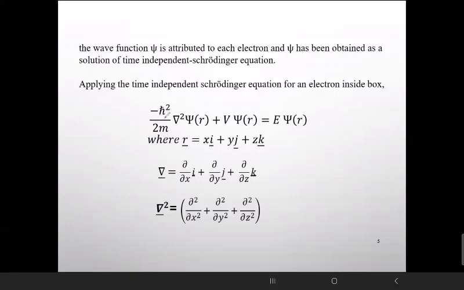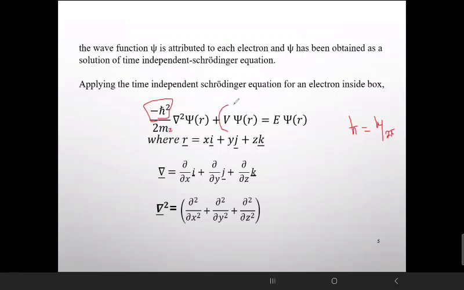Here H cross is known as the reduced Planck constant, which is equal to H over 2 pi. m is the mass of the electron.